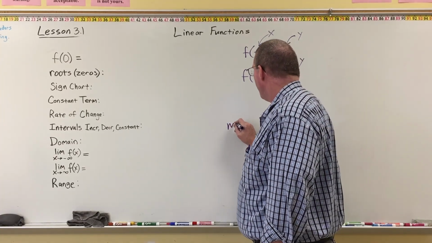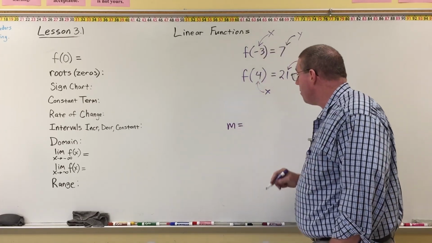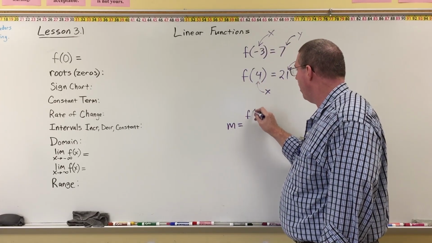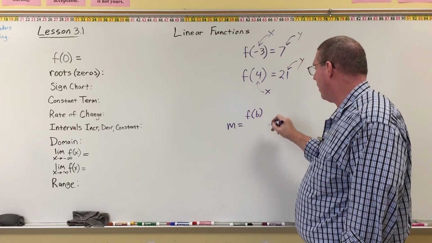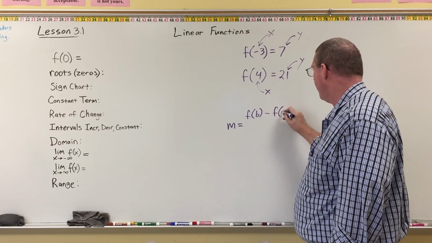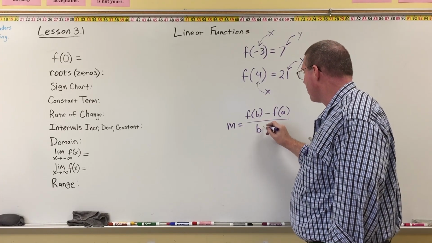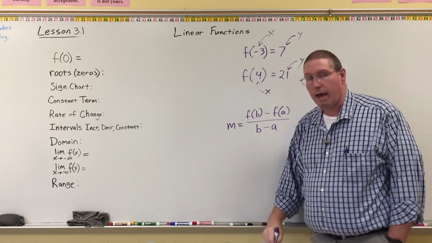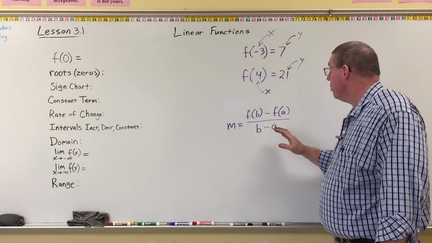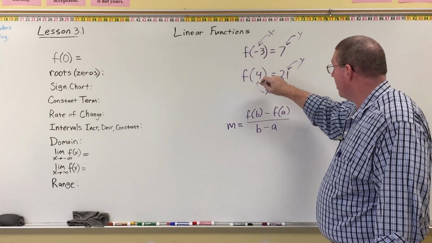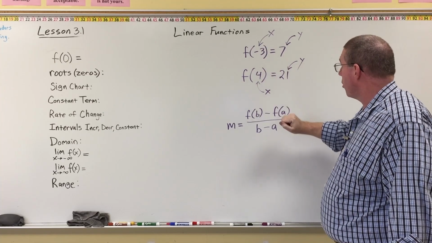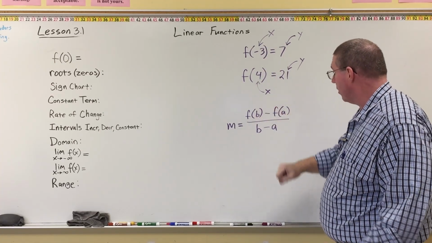We know that the rate of change, m, is equal to f of some x value minus f of another x value, divided by the first x value minus the second x value. So all we have to do is take our information up here, our x's and our y's, and plug them into here.